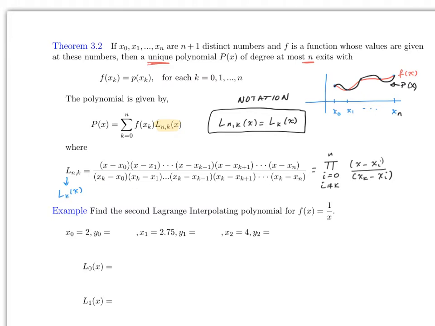Notice how all of them have k at the bottom, and on the top, everything is there except for the k. And this is what is going to make it a function of x. So let's do an example to see how this works, and you'll see it's not as bad as it looks. It's just pretty tedious, but it's not that hard.